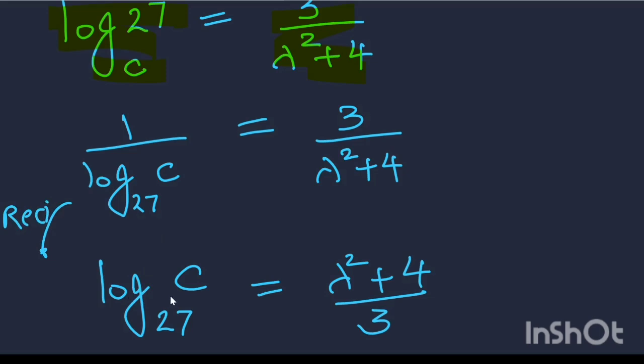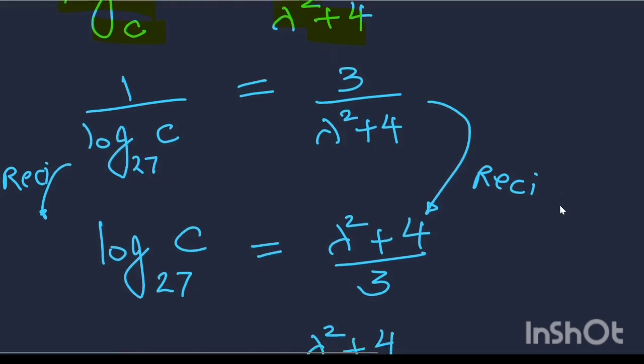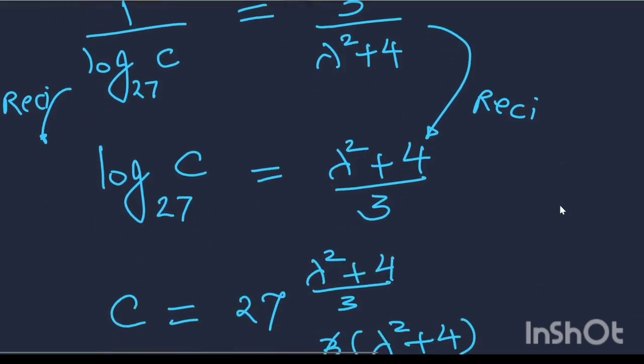The reciprocal of this would be lambda square plus 4 by 3. Now using the definition, 27 will go out and it will push lambda square plus 4 up in the power. So that will be c.